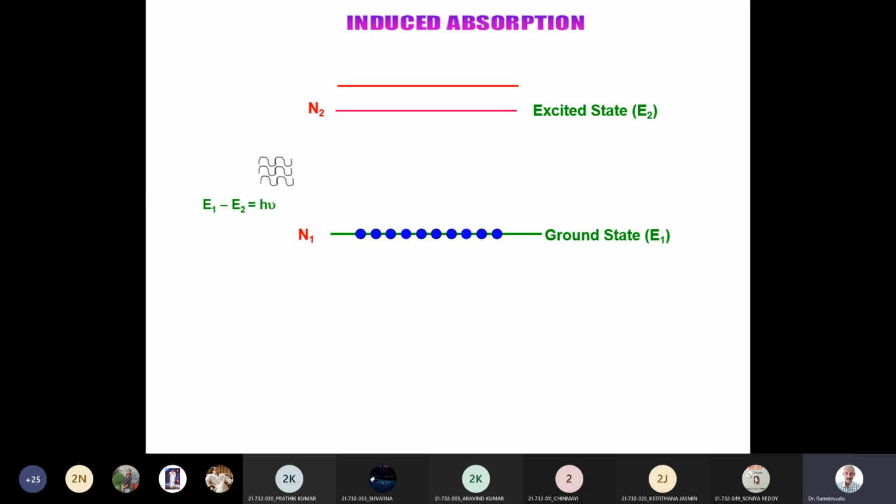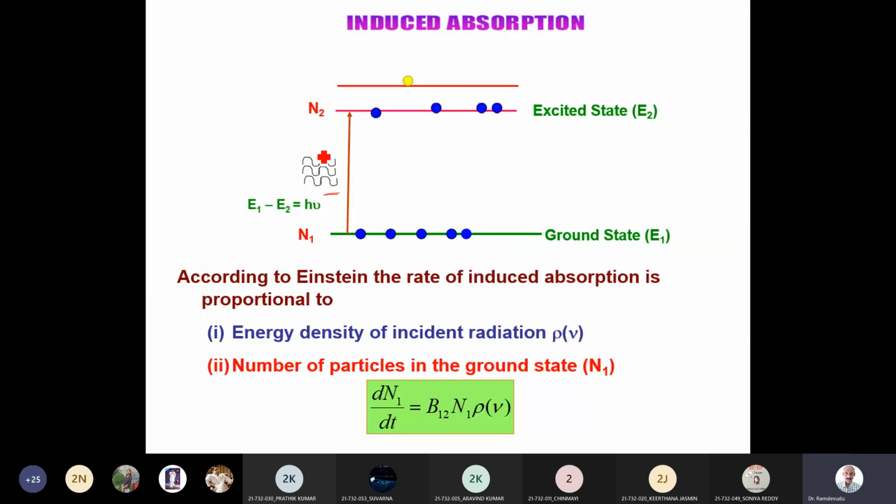But if you supply some external energy equal to the difference between the two energy levels, atoms will go up. And this process we call induced absorption. When I supply some energy, you can see that the atoms have gone up. The atoms will not go to the third level because the supplied energy is between these two levels only.